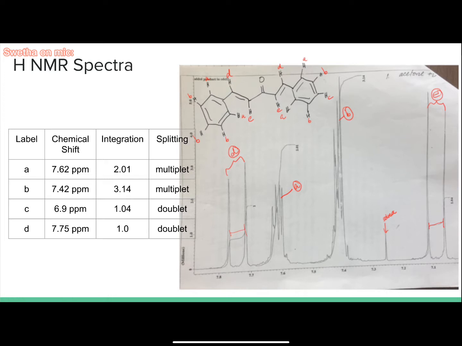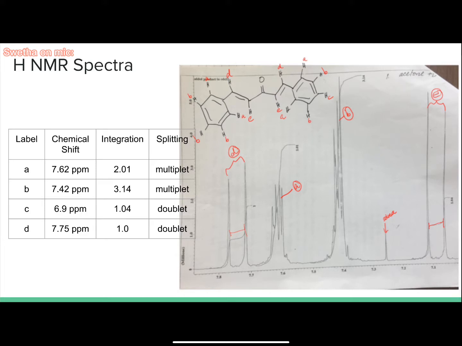A has a chemical shift of 7.62 ppm and an integration of 2.01, which shows the symmetrical protons on the benzene ring are closer to the carbonyl group, and this is more downfield. B has a chemical shift of 7.42 ppm and an integration of 3.41, which proves the 3 symmetrical protons in the benzene ring are furthest from the carbonyl group and are slightly upfield to A. D is the gamma proton of the carbonyl group, which has a chemical shift of 7.75 ppm and an integration of 1.